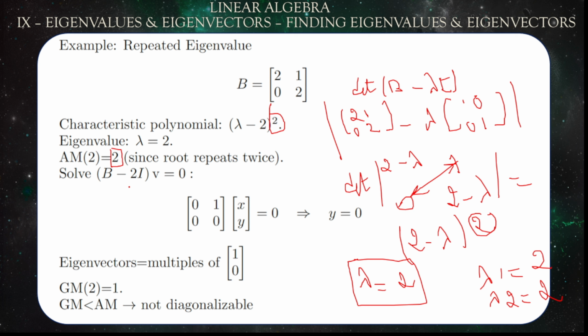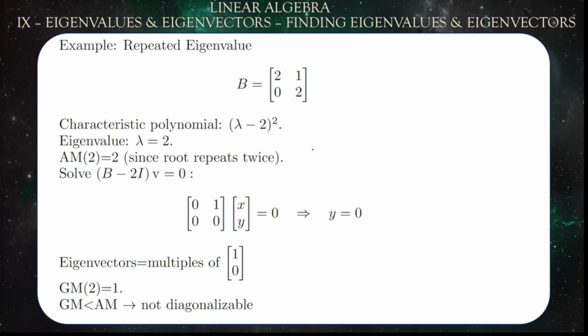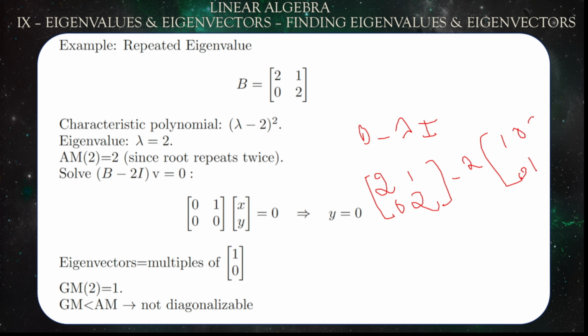Now solve (B minus 2I) times v equals 0. So B minus lambda I for lambda equal 2, what would be the matrix? In other words, you have [2, 1; 0, 2] minus lambda multiplied by I, [1, 0; 0, 1].